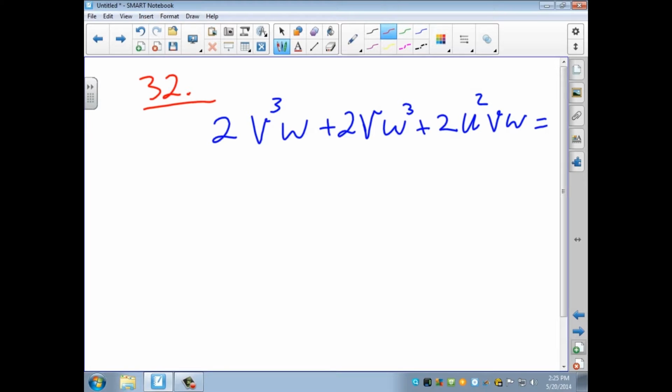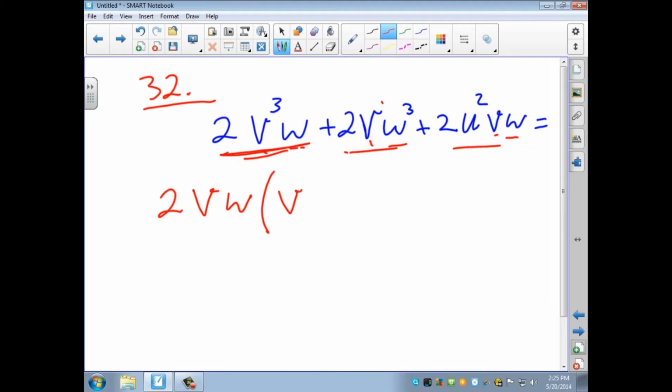So you look at these three pieces and you see what is the common factor. The first one, you see 2 is in common, right? So 2 can be factored. All of them have at least a v to the 1 power, so it would be v. All of them have a w to the 1 at least, so it would be w. That can be factored out. When you factor out from the first term, what do you have left?